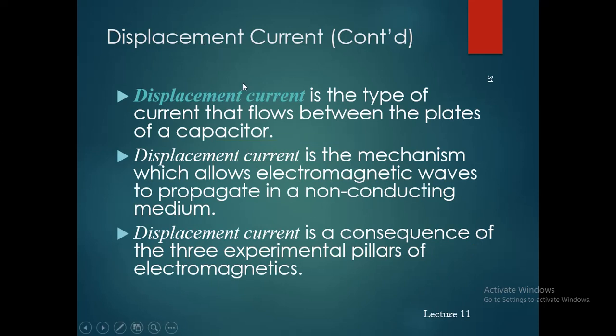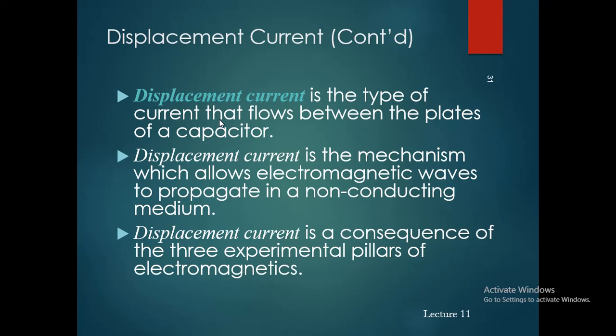So what is meant by displacement current density? The displacement current is the type of current that flows between the plates of a capacitor. Suppose we take a capacitor consisting of two plates. Whenever the voltage is supplied, charging is carried on between them, meaning the charged particles move from one plate to the other.